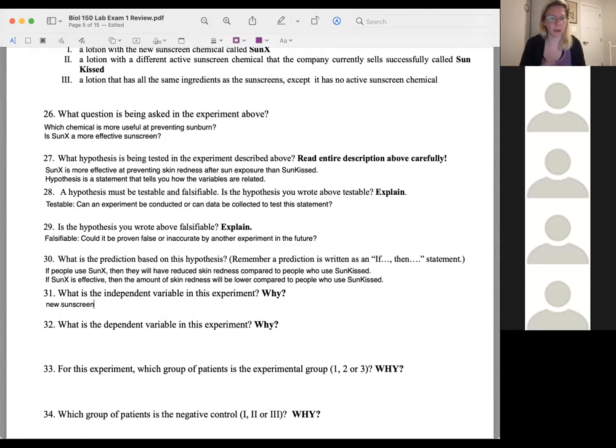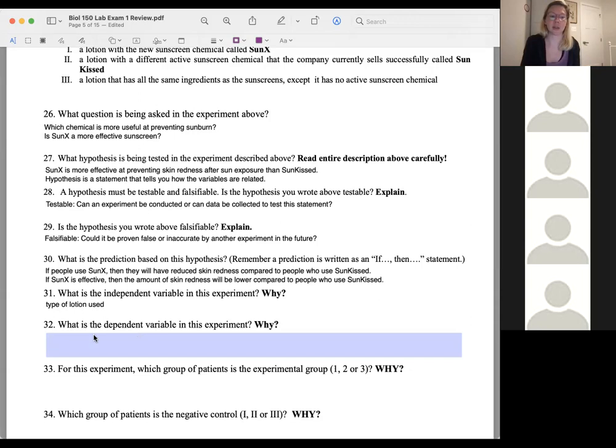Do we agree with that? What do we think about that? Right, so we can expand on that a little bit. Not just the new sunscreen, but actually all of those lotions are our independent variable. So we could say type of lotion used. Right, so that's what's being controlled by the experimenter, by the scientists. They're determining which lotions are being used in this experiment.